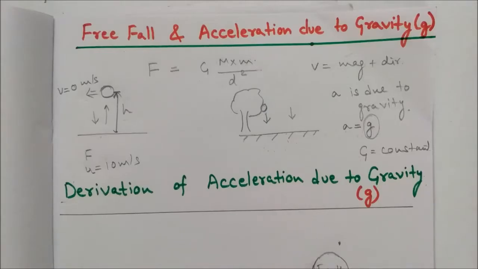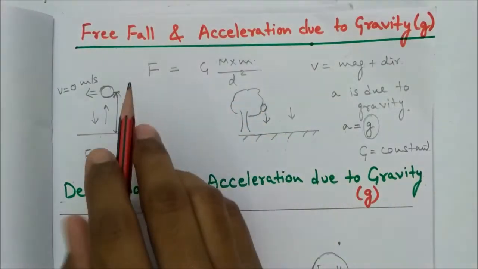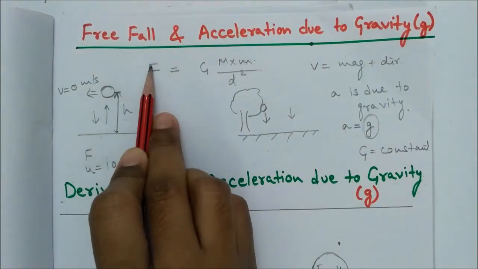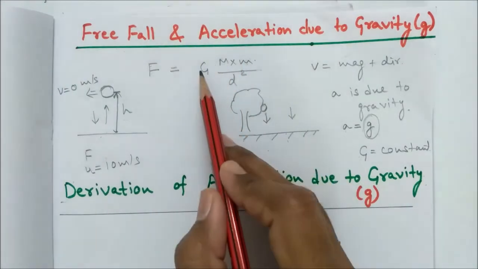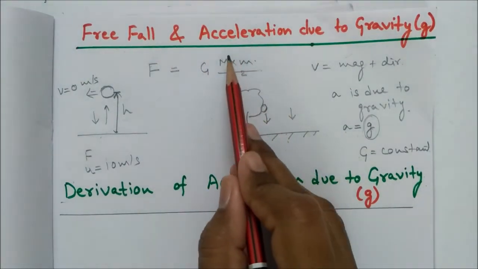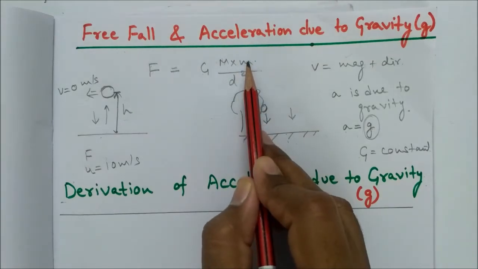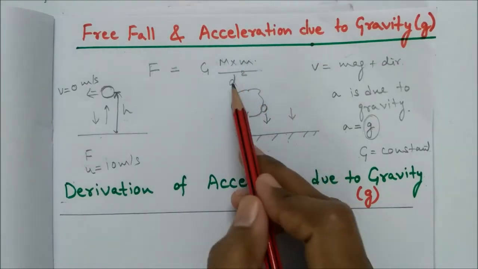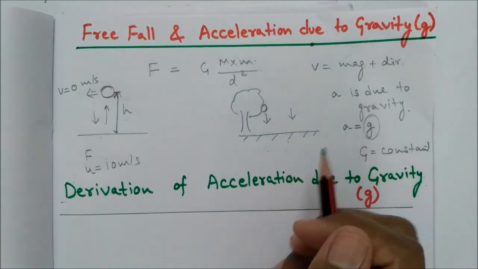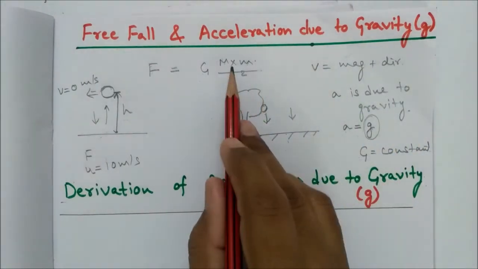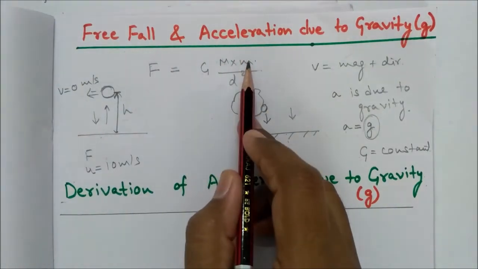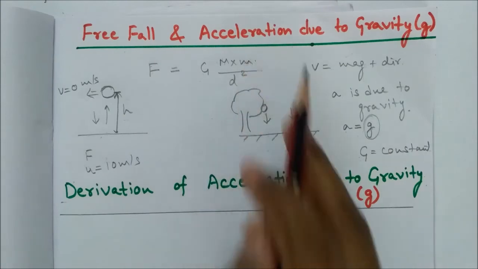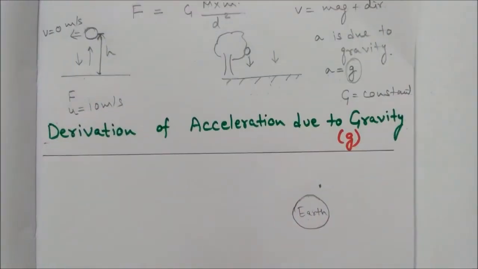Students, so far we have seen that the force of attraction between any two objects can be calculated by this formula, where G was the universal gravitational constant, capital M and small m were the masses of the two objects, and D was the distance between them, right? Now, what if one of the objects turns out to be the earth and another object is placed on the earth or above the earth, anywhere in the universe?